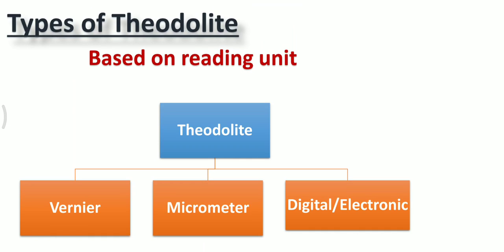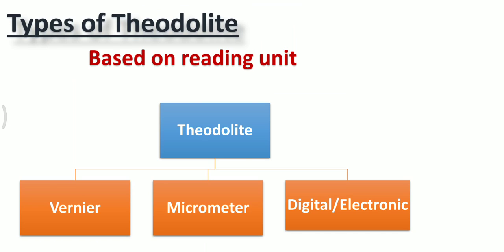Based on reading unit means on which system we take the reading of the horizontal angle and vertical angle. In a vernier theodolite, two verniers are provided for taking the observation of horizontal angle and vertical angle.